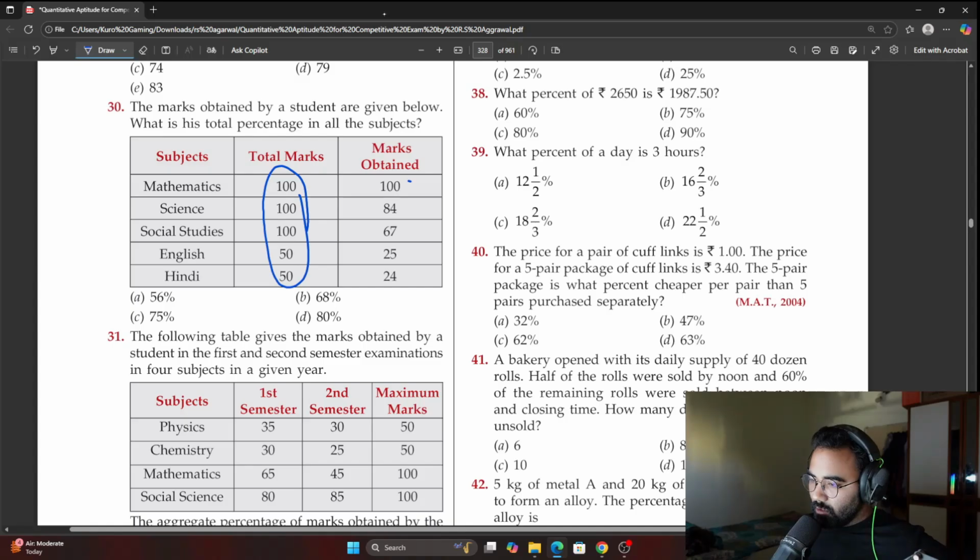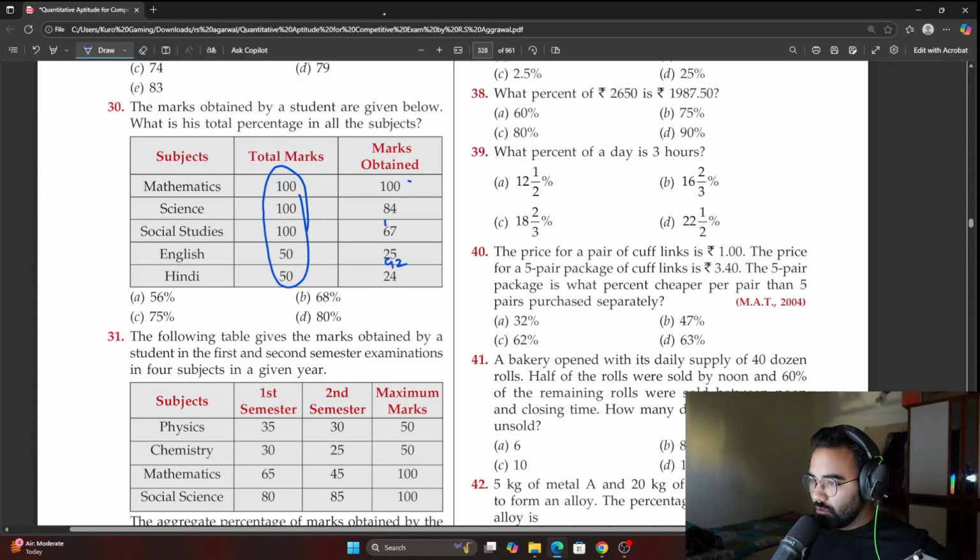So this is 84 plus 24 is 108. Okay, 108. So then let us total this one. This is 7 plus 5. This is 67 plus 25 is, this is 12. 6 plus 2, 8 plus 1, 92.